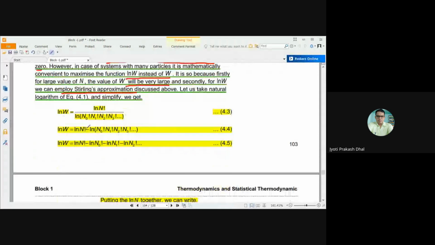So we take the natural logarithm of both sides of equation 4.1.